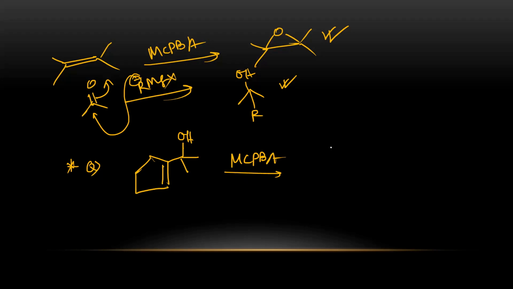I'm getting a 5-member ring, OH attached at the base towards the right. After MCPBA, it's just an epoxide across the double bond. The question is only MCPBA. Yeah, sorry. So this will be the answer, right? This will obviously be given in the options, but it will not be the answer.